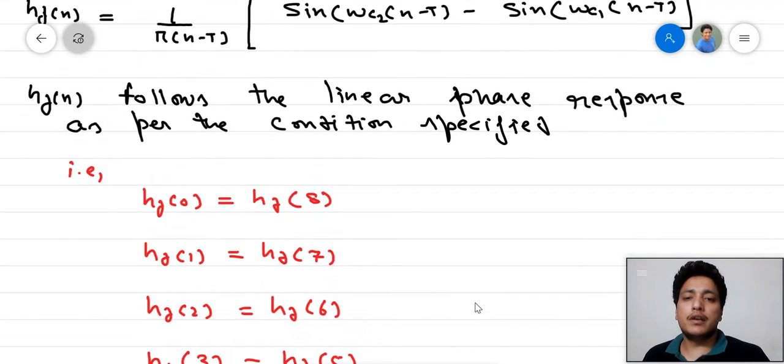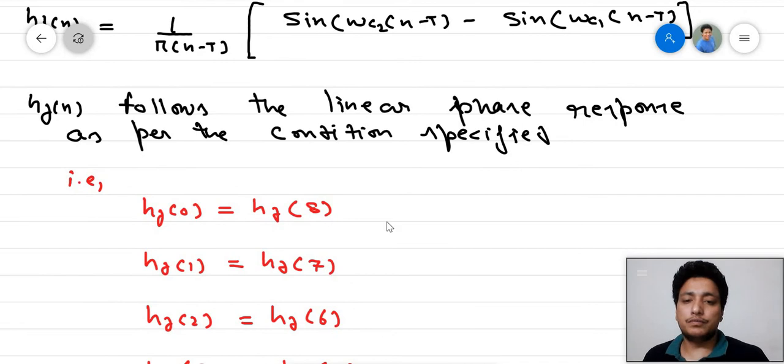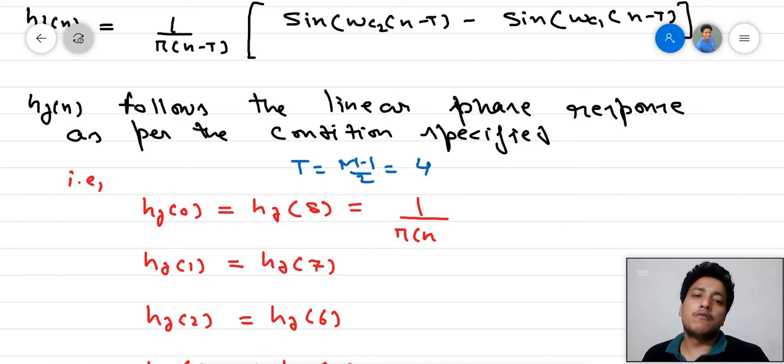Now calculating hd(0) is equal to 1 by pi (n minus tau), where tau is equal to (M minus 1) by 2, that is equal to 4. So n minus 4, times sine omega c2.